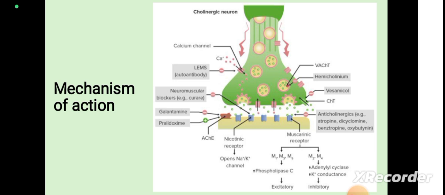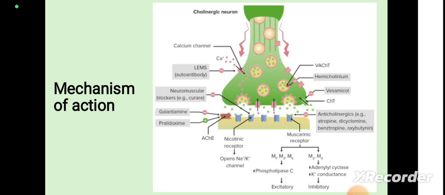So here we can see that the calcium ions enter and start fusing with the vesicles, and then the vesicles burst, and the neurotransmitter is transferred to the synaptic cleft.